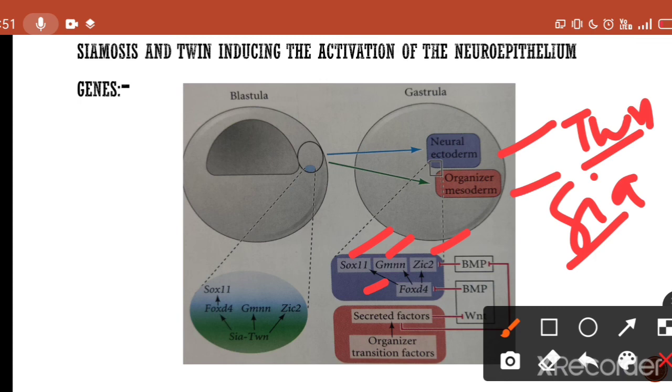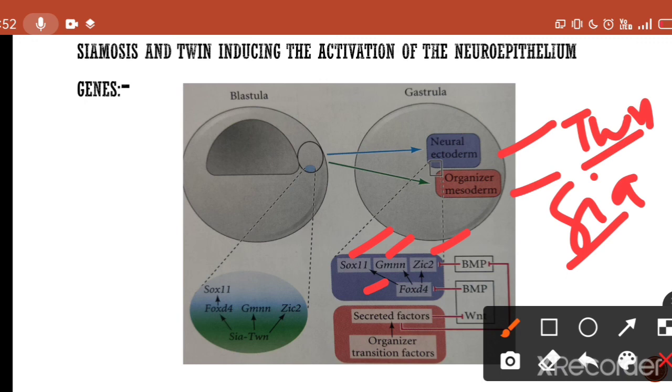During the gastrula stage, the descendants of these cells have become the organizer mesoderm and the neural ectoderm. Here, the neuroepithelial genes are upregulated by factors secreted by the organizer that inhibit the BMP and Wnt pathways.